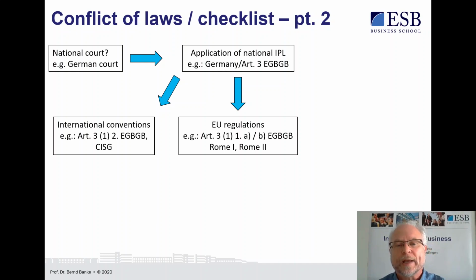So we have to look at these 2 regulations. And if you now want to stop the presentation, I would actually encourage you to do so. Have a look at these two European regulations, Rome 1 and Rome 2, because Rome 1 is the EU regulation about the applicable laws for contractual law cases, whereas Rome 2 is the regulation of the European Union for what we call statutory claims.